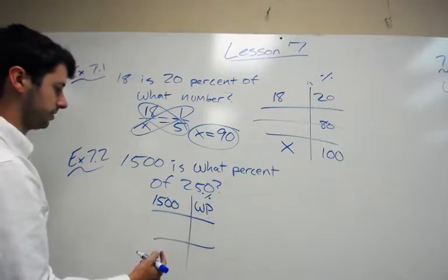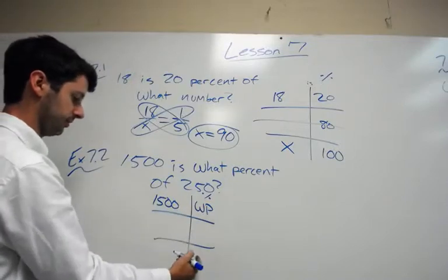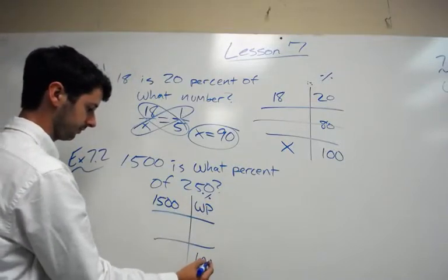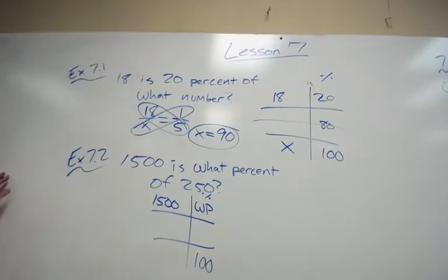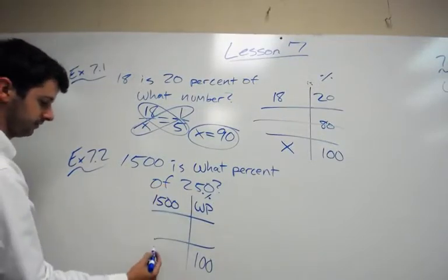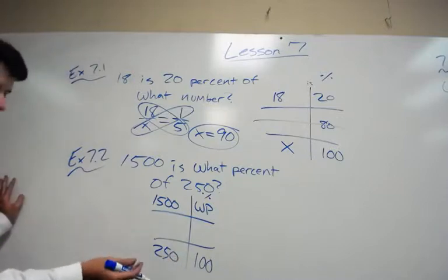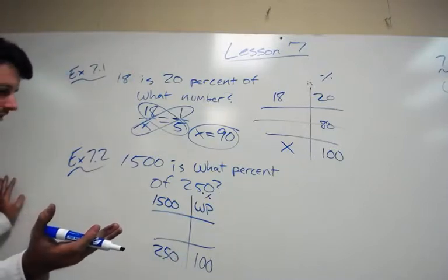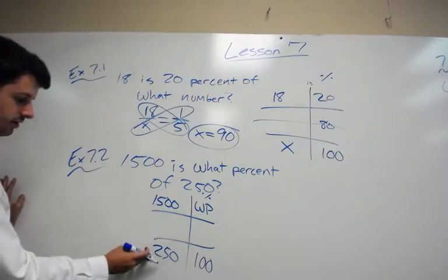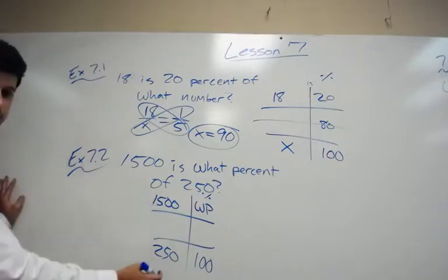What percent of 250? Well, remember our percent column is always out of 100. So naturally, we would be putting the 250 in the total column. It's going to seem odd that 1500 is greater than your total in a sense. That just means your percentage is going to be greater than 100.